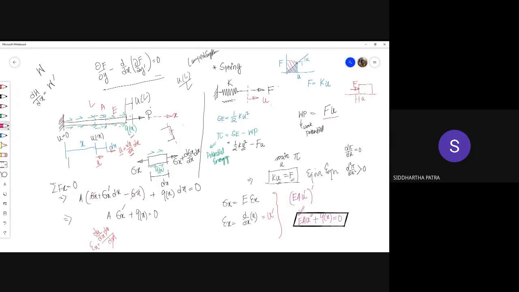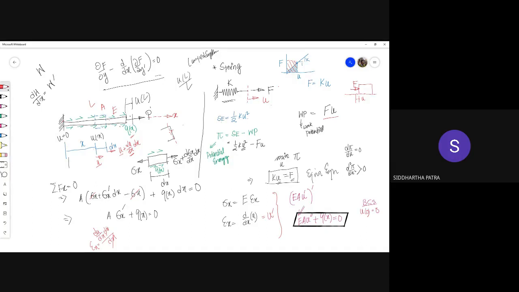But there are boundary conditions. What are they? u0 is 0. So u is 0 only on the left hand side. On the right hand side, u is non-zero, or for that matter, you do not know u beforehand. The value of u depends on what is the distributed force and what is the concentrated force.